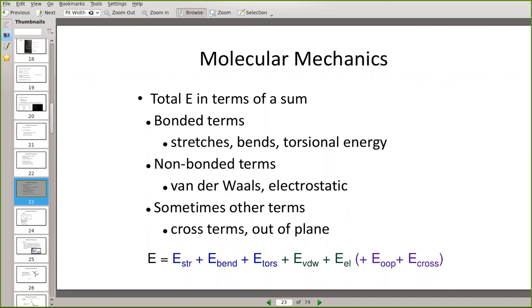And that provides an expression for the total energy of a molecule. So I'm just going to go on one by one fairly quickly through this, just to give you an idea of what it looks like.